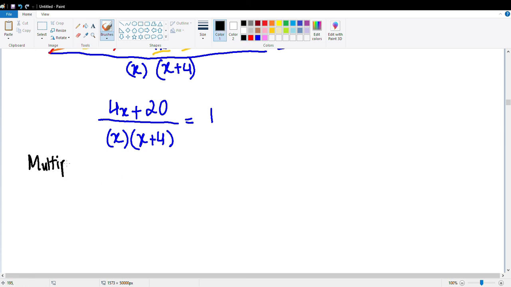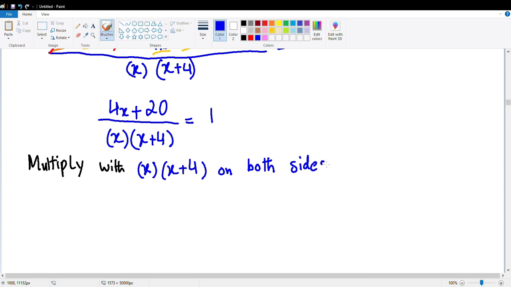multiply with x into x plus 4 on both sides, and doing so we'll get 4x plus 20 over x into x plus 4.